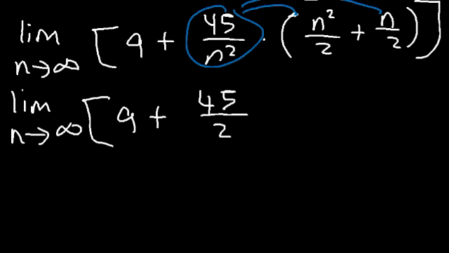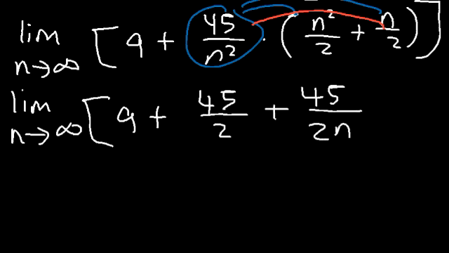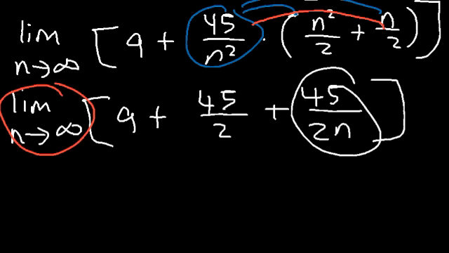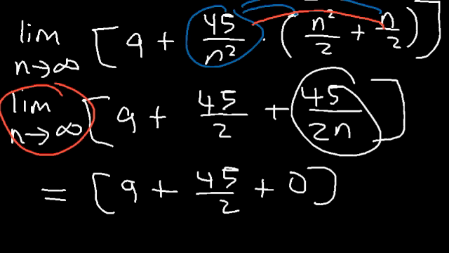Now 45 over n squared times n over 2, n divided by n squared is 1 over n. So it's going to be 45 over 2n. So now let's apply the limit as n approaches infinity. So 45 over 2n, or 45 over 2 times infinity, will approach 0. So the answer is going to be 9 plus 45 over 2 plus 0.